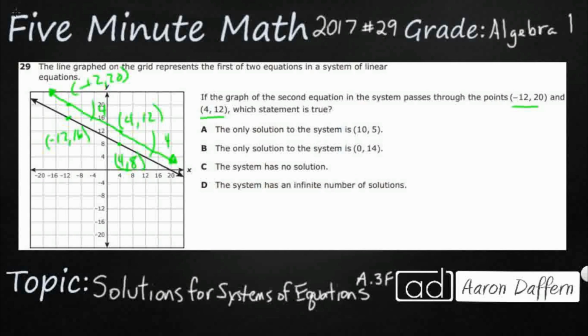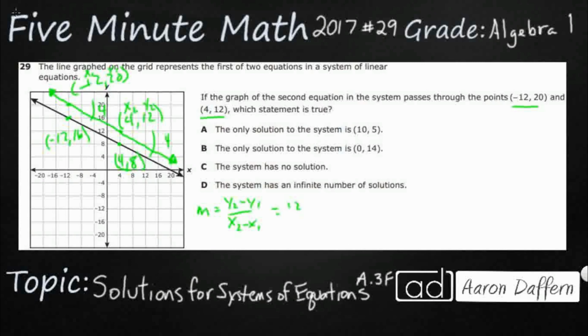We could even find the slope, right? The slope is the change in y over the change in x. So let's make this x1, y1 and x2, y2.